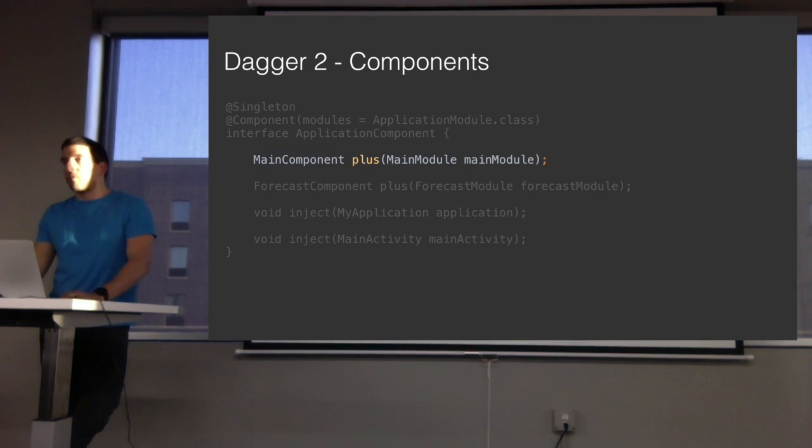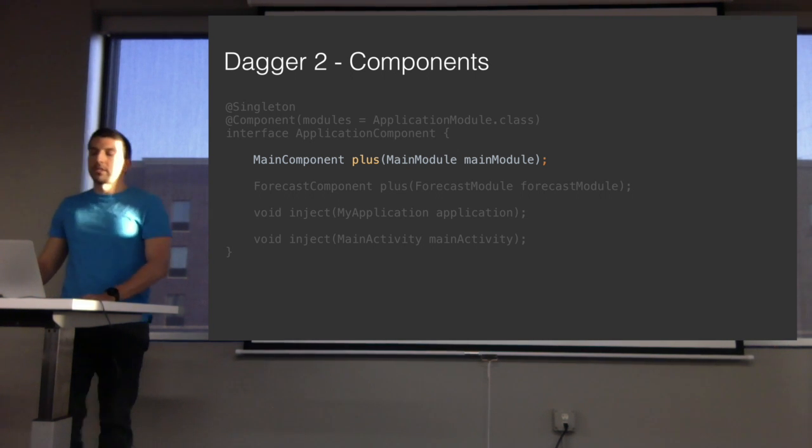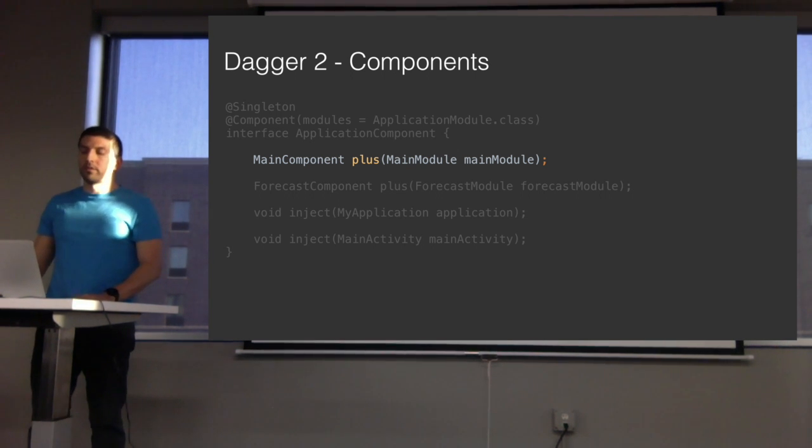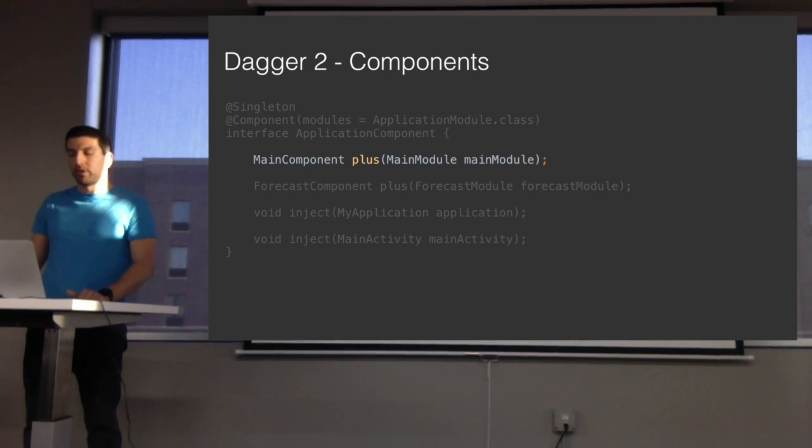Now, to build scoped dependency graphs, there are two ways that Dagger 2 allows you to do it. This is one way, where you define methods that take in a module that another component requires, and it will return that other component. So in this case, if we called plus on our application component and provided a main module, we would get a main component returned.